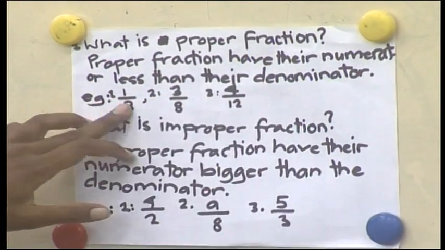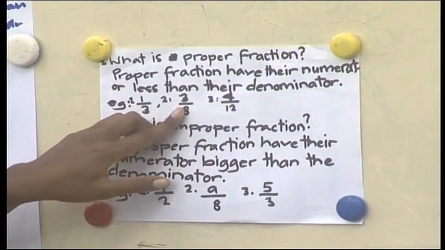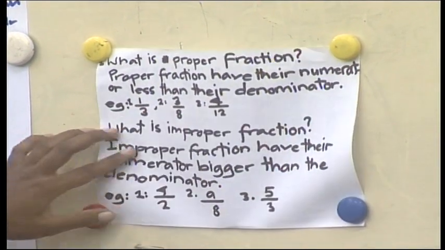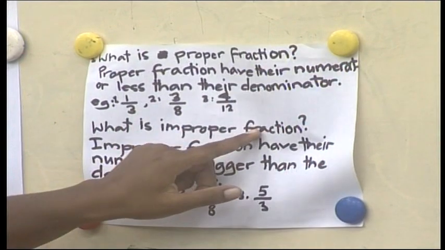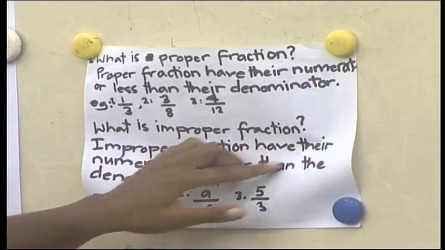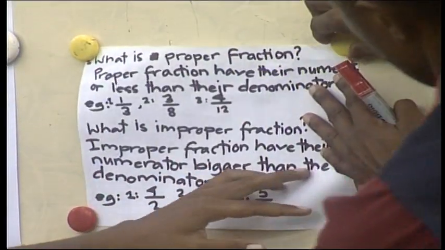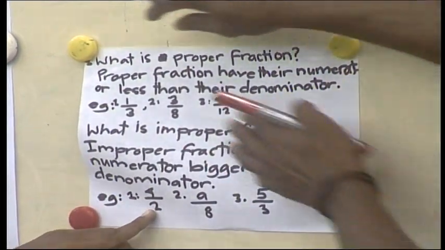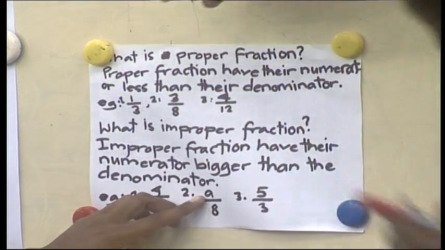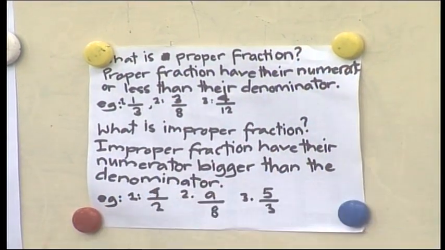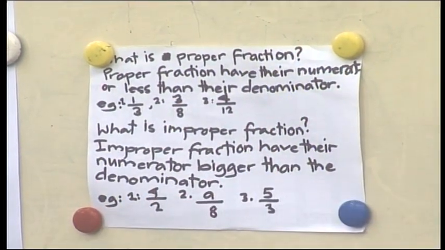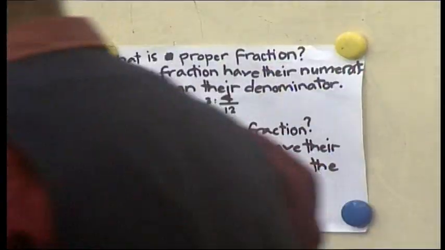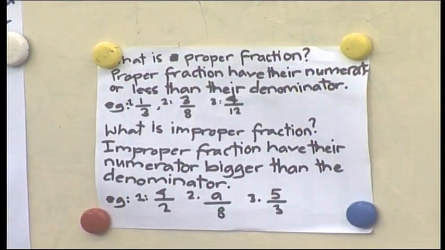For example, 1/3, 3/8, and 4/12. Improper fractions have their numerator bigger than the denominator. For example, 4/2, 9/8, and 5/3. Thank you. Let's give Tara and her group 2 big claps.